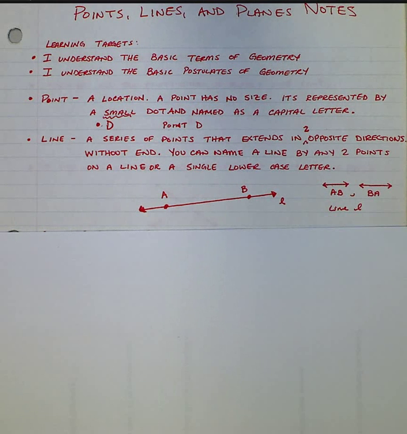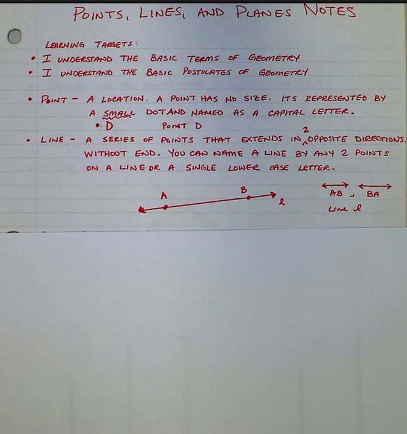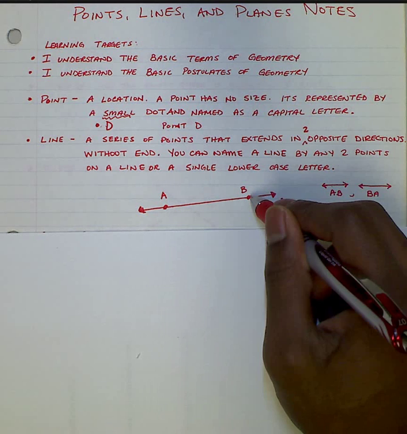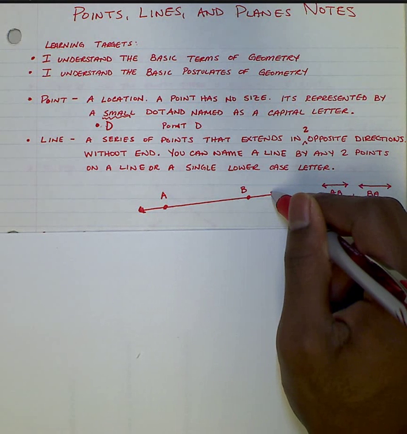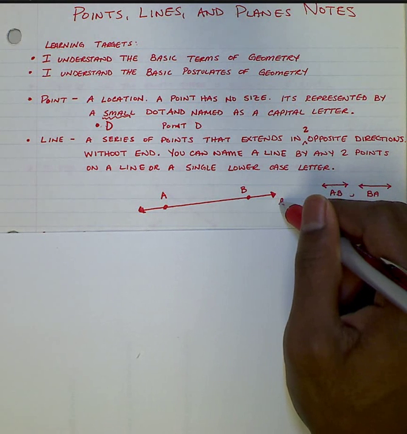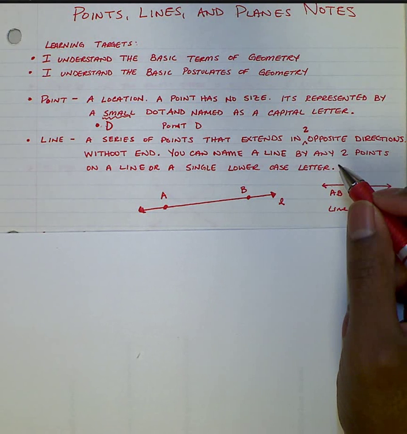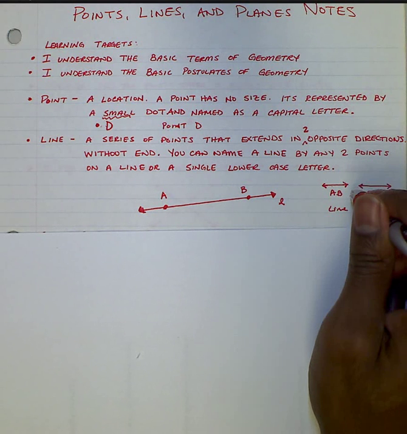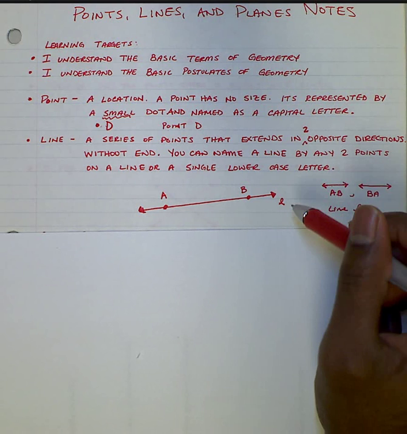Now, like I said, there are a series of points on this line, but I'm going to refer to point A and point B. We can find many more points on this line, but here, point A, point B, and you see that I've also labeled this line L. When we name this line or refer to this line, here are a couple ways that we can do it.